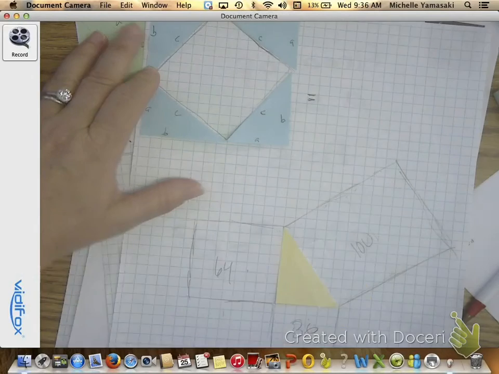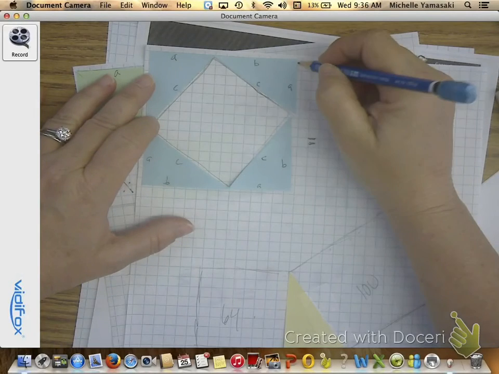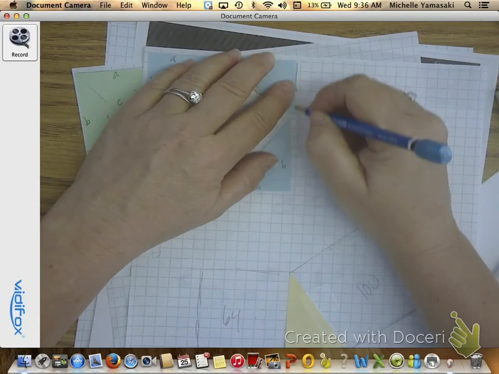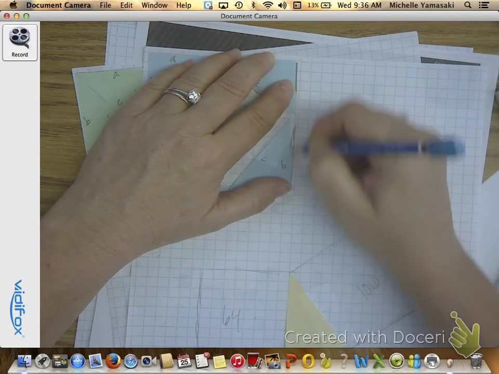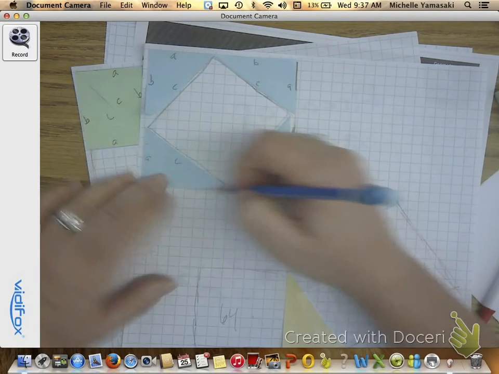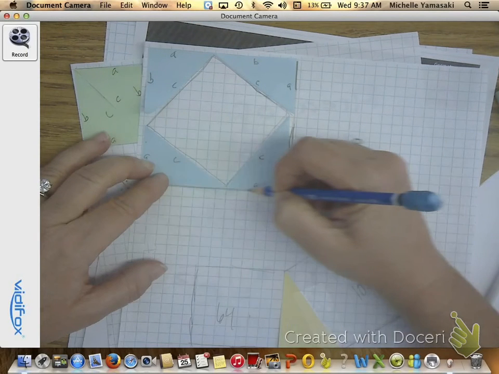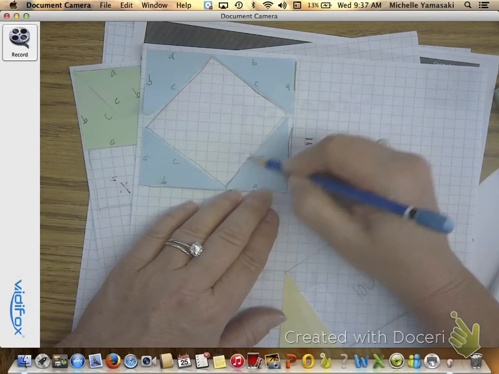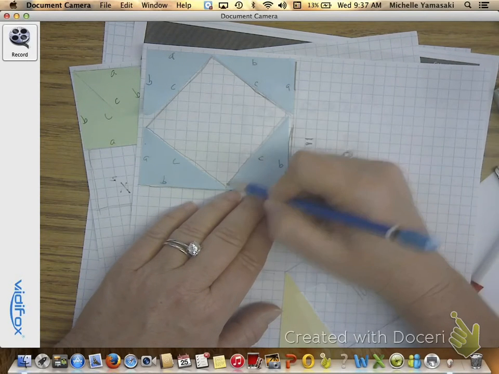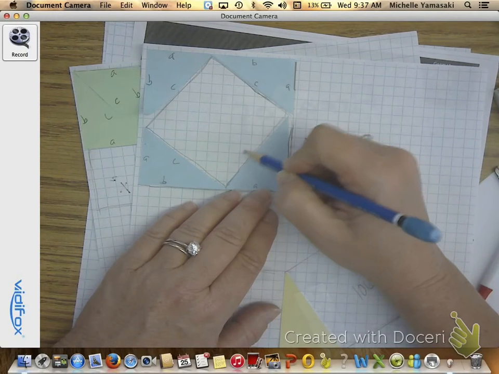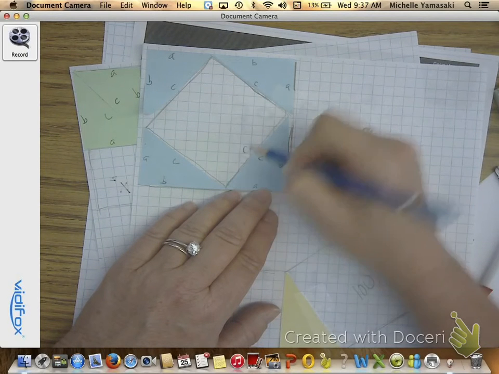All right, guys, once you have drawn your squares, and I would definitely, I don't have a ruler with me, but I want you to use a ruler, I want you to label the sides. So if this is a measure of C, what is this side? C. And what's this one?